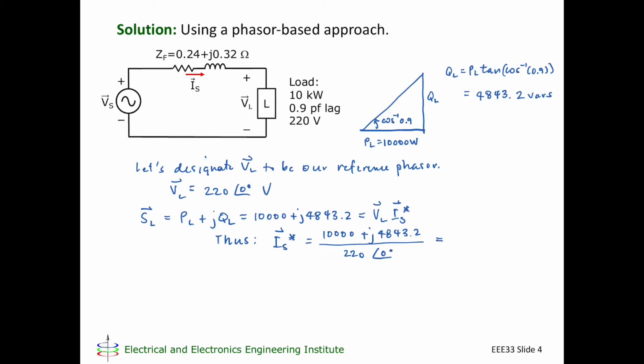And by just pressing these quantities in my calculator, I'm going to get 50.51 at an angle of minus 25.84 degrees amperes. And IS will be 50.51 at an angle 25.84 degrees amperes.